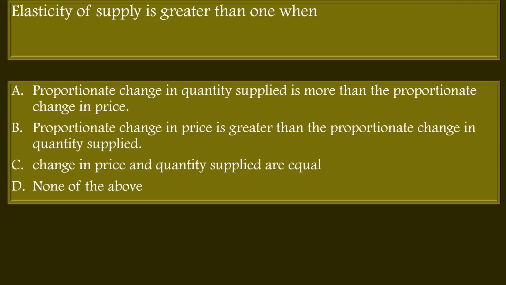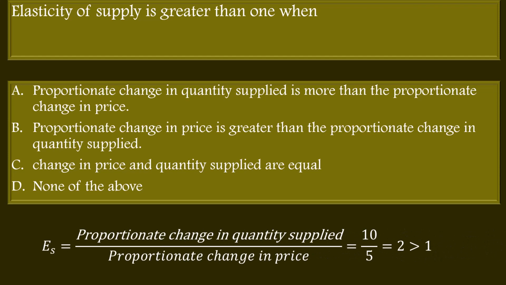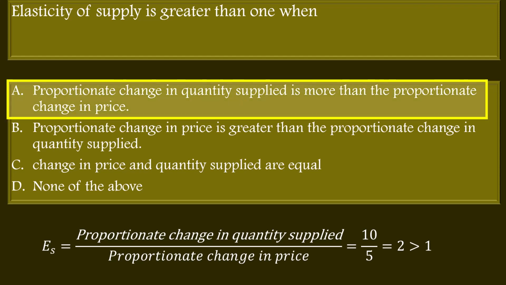C. Change in price and quantity supplied are equal. D. None of the above. It is a straightforward question. Yes. Elasticity of supply is greater than 1 when proportionate change in quantity supplied is more than the proportionate change in price. Option A is the correct answer.